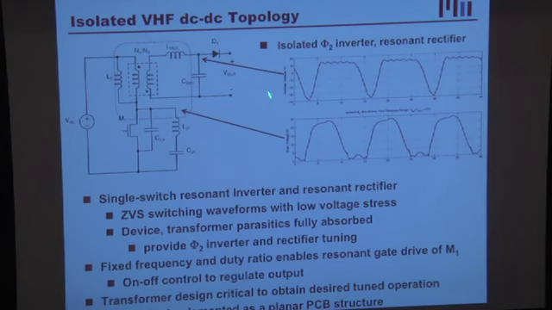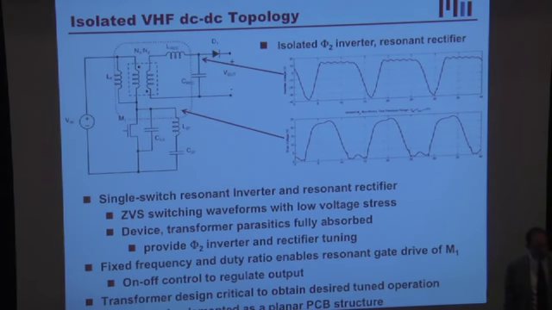The output part of this transformer, what I'll do is I'll create a resonant rectifier. So the device capacitance gets absorbed as part of this, as does the parasitic inductance of the transformer, all to operate in a resonant mode so that everything is soft switched and this can be turned up in frequencies. So I have sort of DC on this side and DC on this side, but very high frequency AC in the middle of the circuit, okay?